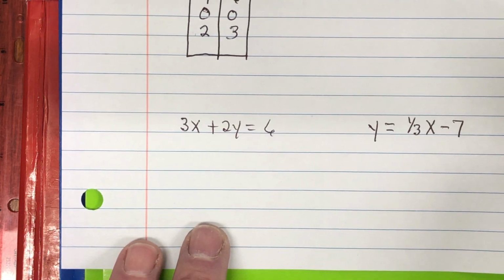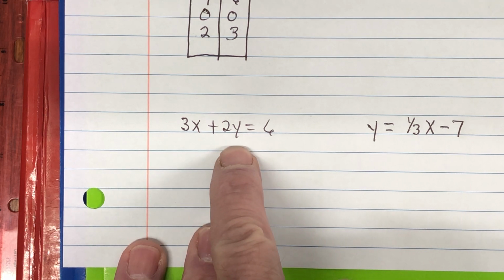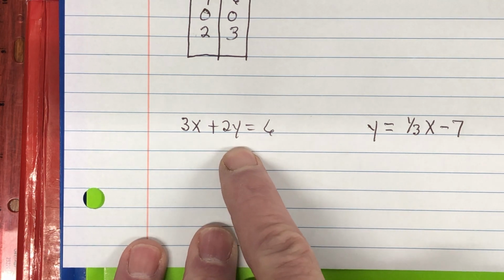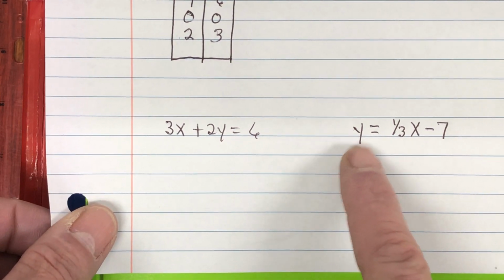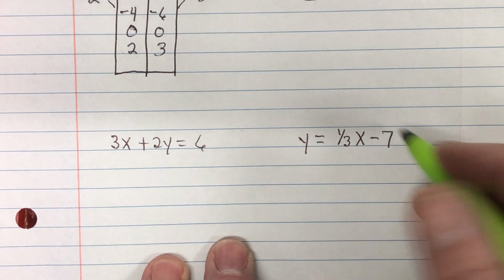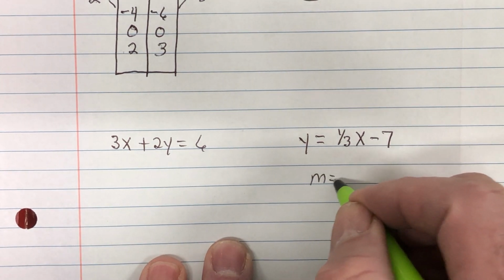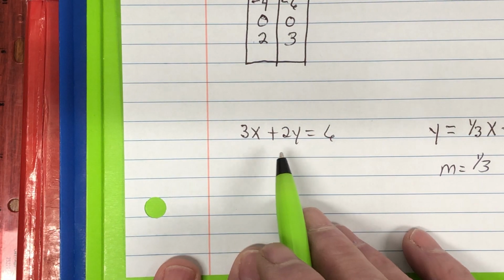What about an equation like this one where the x and the y are on the same side? Now we already know that slope is the number in front of x, but that's only true when the y is by itself. So for this equation, the slope equals 1 over 3. But what about for this one?